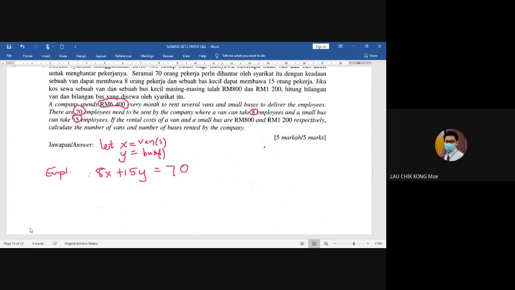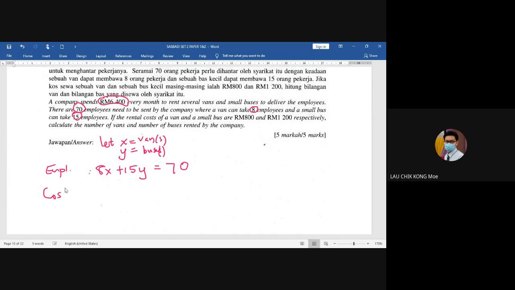And the second one is about the cost. So for rental for the van, 800 ringgit, 800X plus bus is 1,200 ringgit. So 1,200Y equals to the total 6,400 ringgit. So this is equation 1, equation 2.